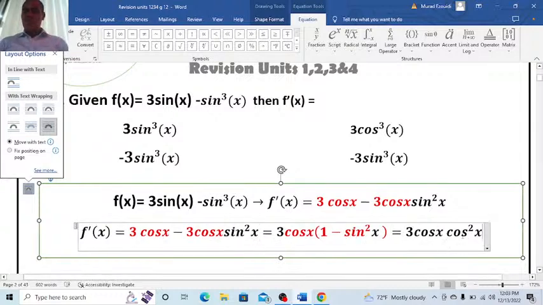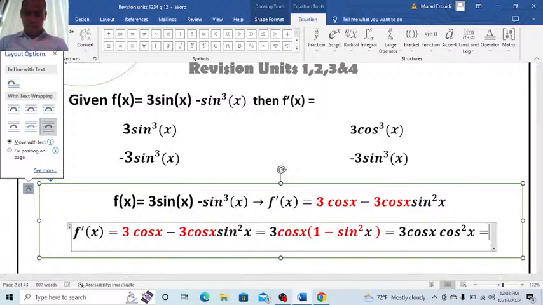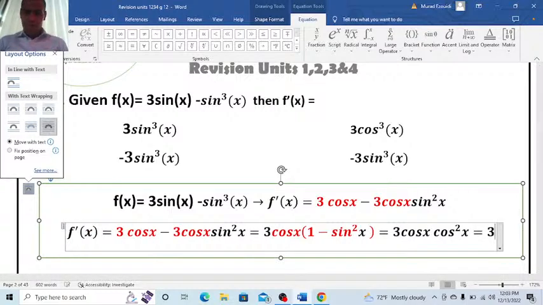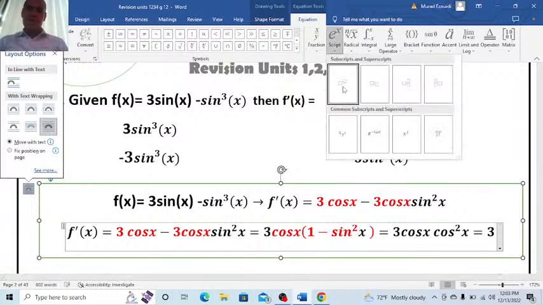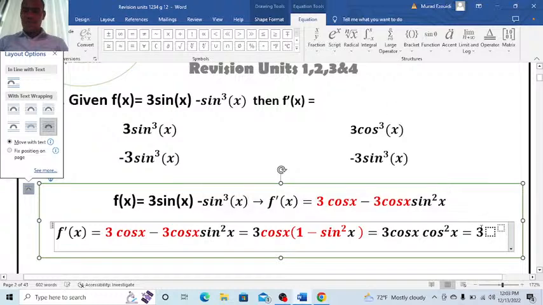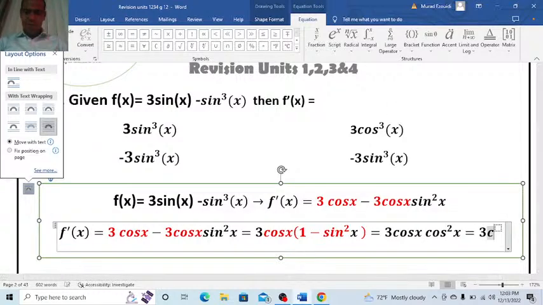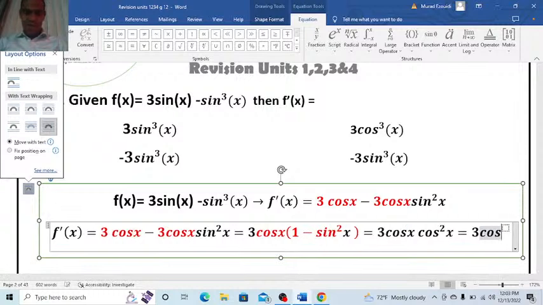Therefore, cosine square multiplied by cosine gives me 3 cosine cubed, 3 cosine to the power 3. Therefore, after finishing differentiating your function, you should know the correct answer.